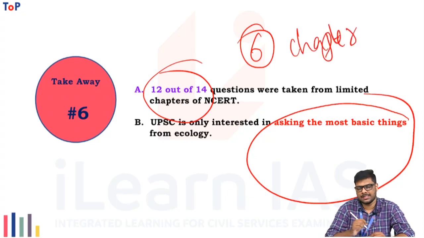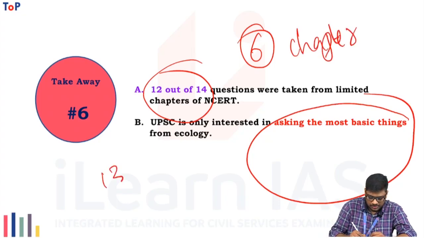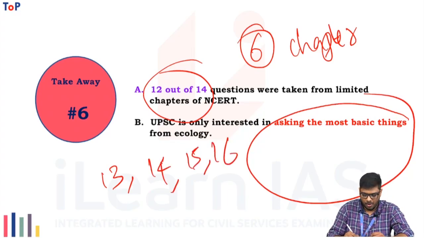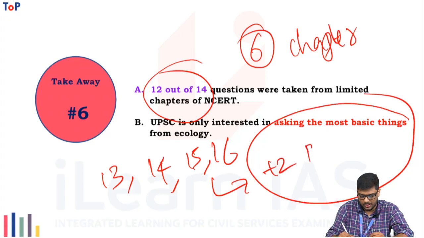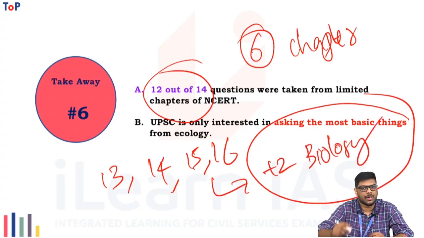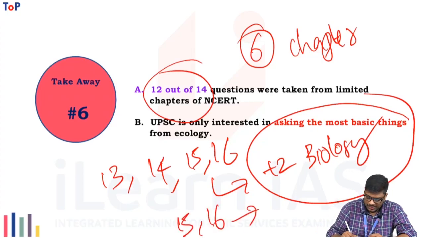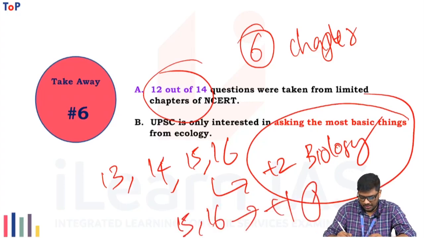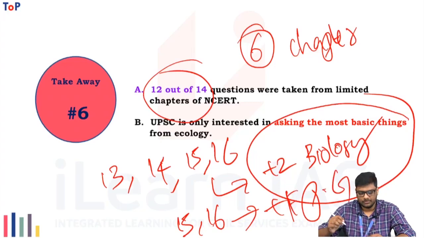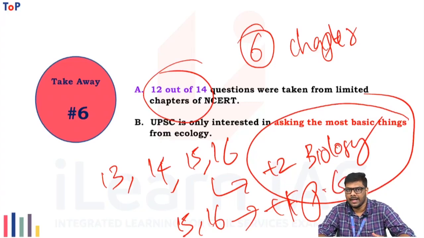And which are those 6 chapters? Let me tell you: chapter 13, chapter 14, chapter 15 and chapter 16 of class 12 biology, and chapter 15 and chapter 16 of class 11 Fundamentals of Physical Geography. Let me repeat it again.